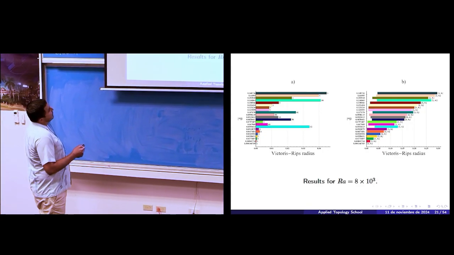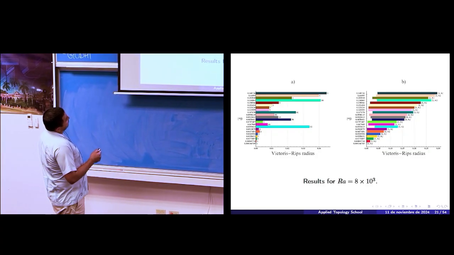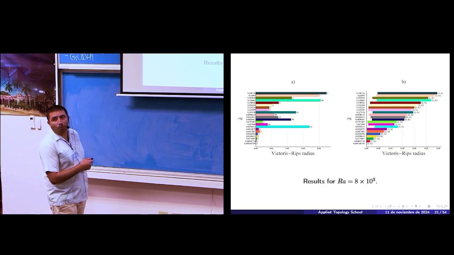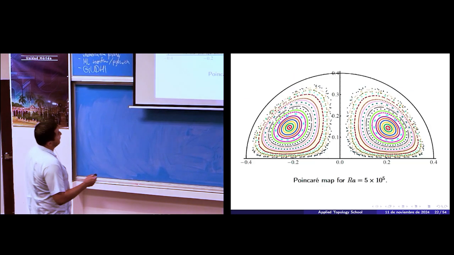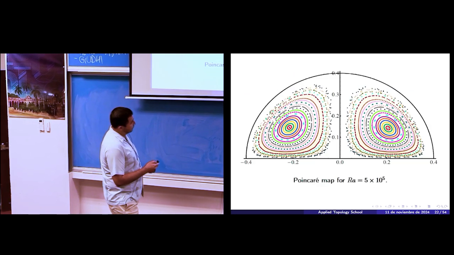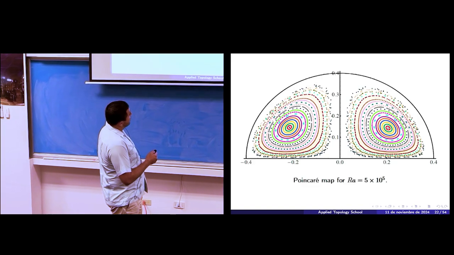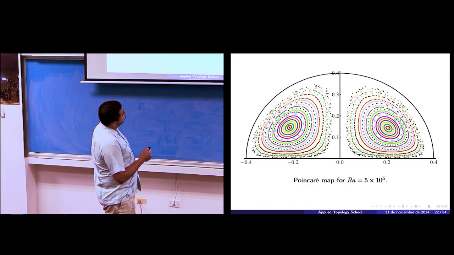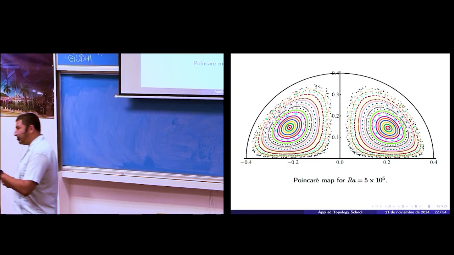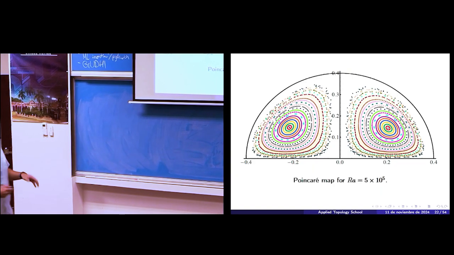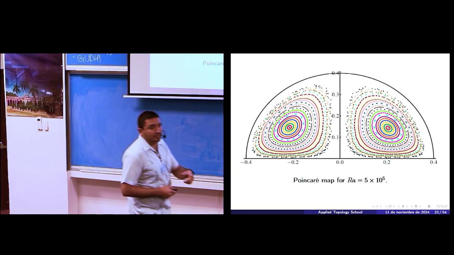Observe that there are some numbers here. This is the number of components into which the set is divided. If we look at the sets in the Poincaré maps, we can see that some sets are divided into islands, or are segmented.